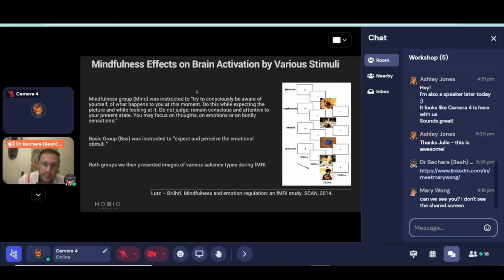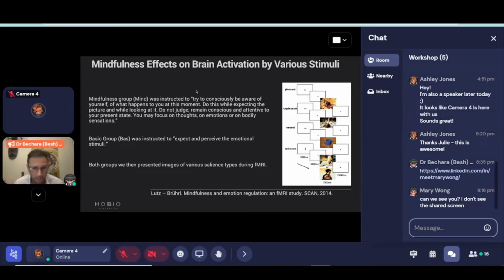Do this while expecting the picture and while looking at it. Do not judge. Remain conscious and attentive to your present state. You may focus on thoughts, on emotions, or on bodily sensations. Those are the instructions that they gave one group of participants before they engaged in the study.